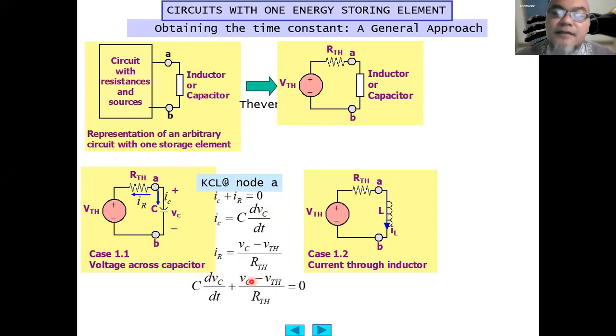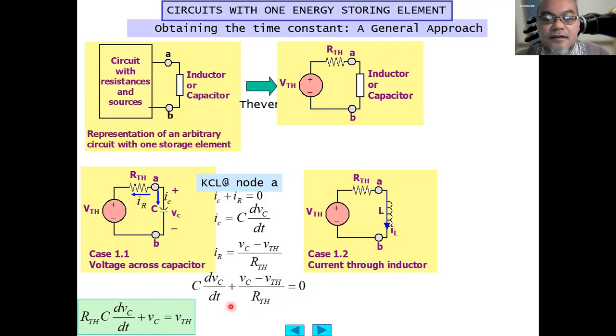You multiply each term with RTH, so this becomes RTH C dVc/dt plus Vc equals VTH. So here you obtain tau from this value RTH C. Then you can obtain k1 from the steady state value VTH, and based on the given initial condition, you can calculate k2.